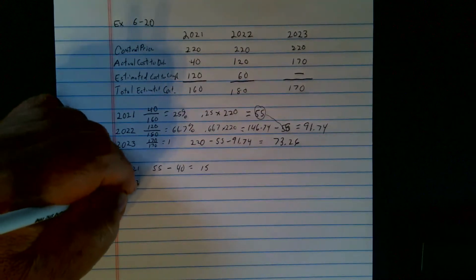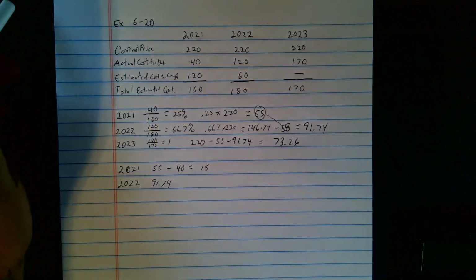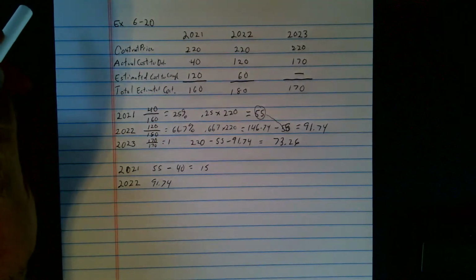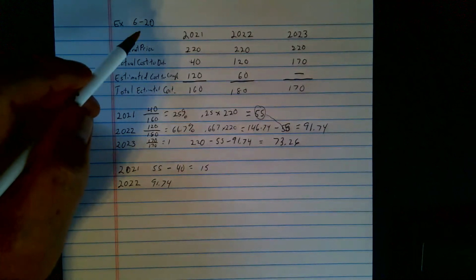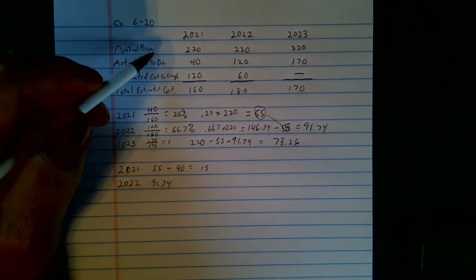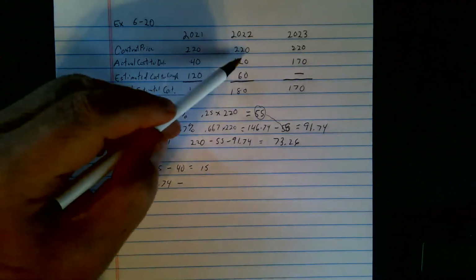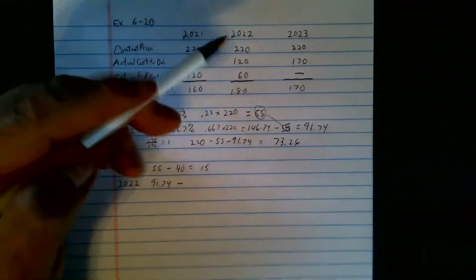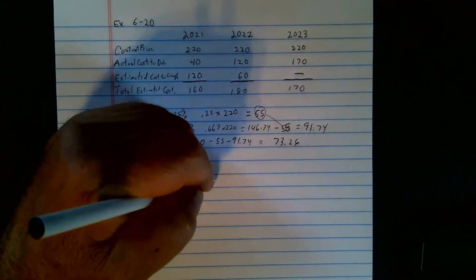In 2022, we're going to have revenue of 91.74 minus the cost during the period. Minus the 80, right? Because we had the 120 minus the 40 is 80.